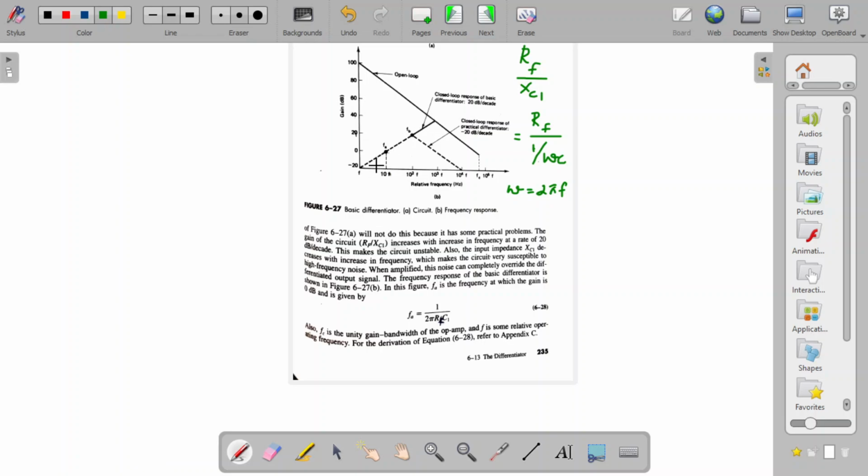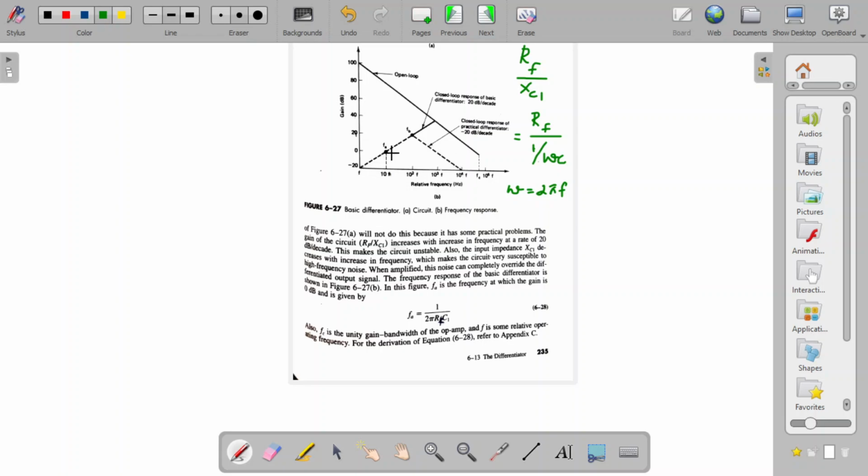Then you can see that with the implementation of the resistance R1 and the capacitor CF, to make it a more practical differentiator, there is a change in the frequency response. First the gain goes on increasing, but then after a particular frequency, the gain will decrease.